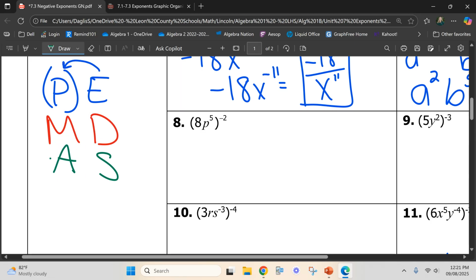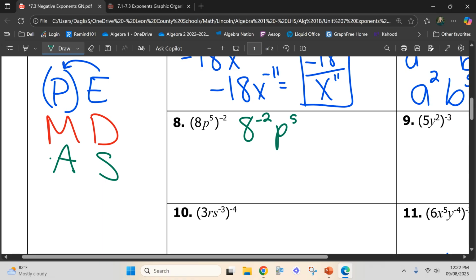We should just worry about the blue and the red. So first, let's apply our exponent to everything in there. I have 8 and p to the 5th, all being raised to the negative 2 power. So 8 gets raised to negative 2, and p to the 5th gets negative 2.